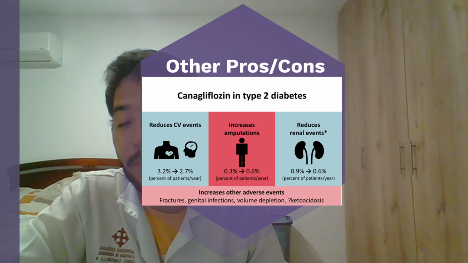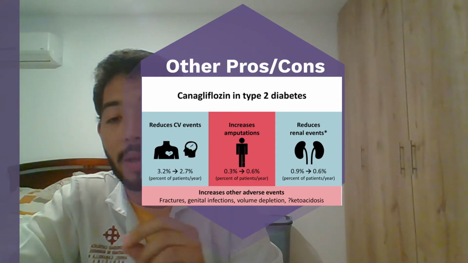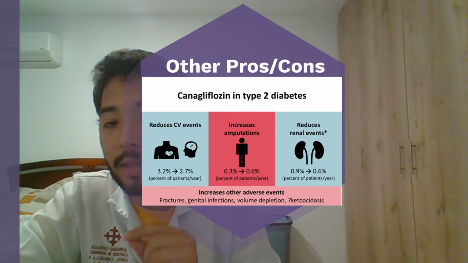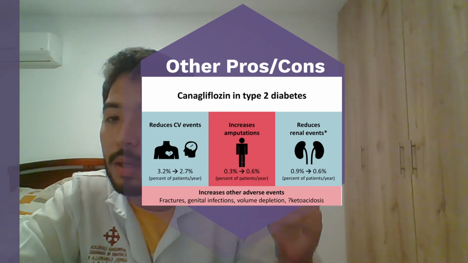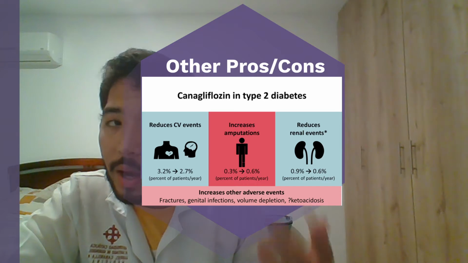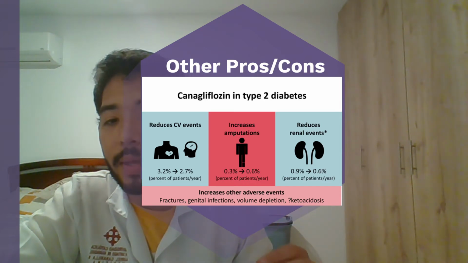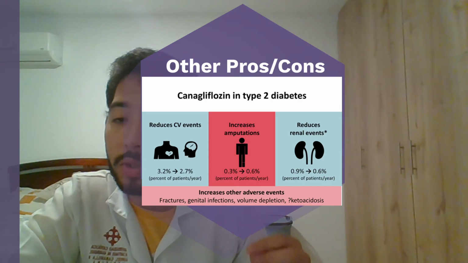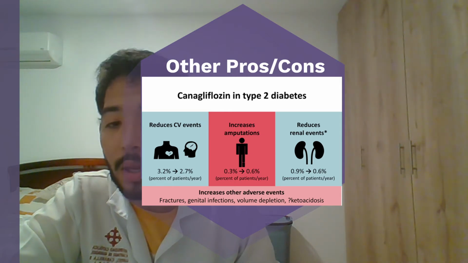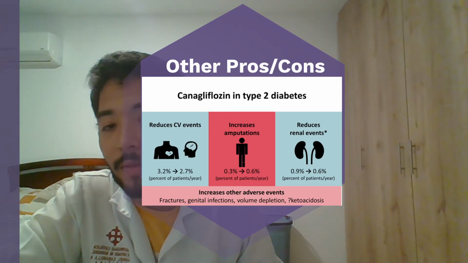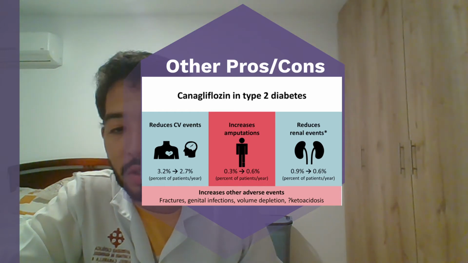Talking about pros, we can find that it reduces cardiovascular events and it also reduces renal events. But on the other hand, it can also increase the rate of amputation, and it can also increase fractures, genital infections, volume depletion, and ketoacidosis.